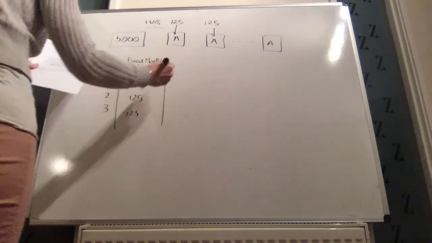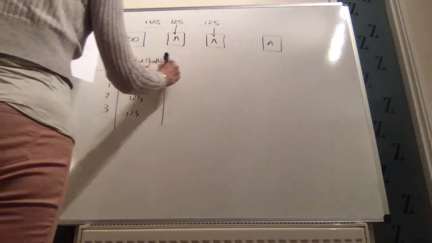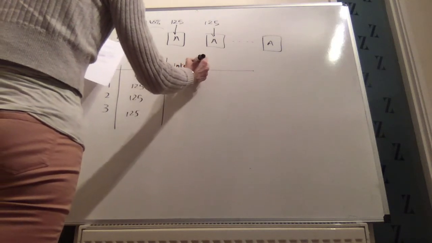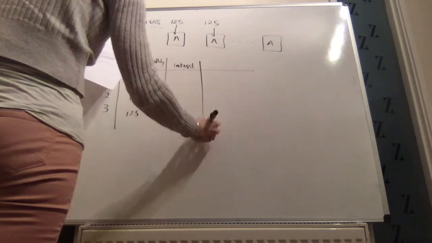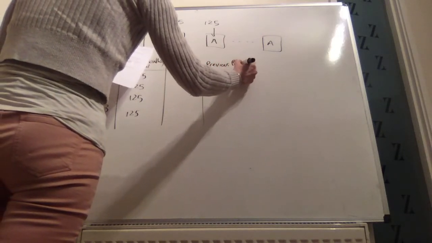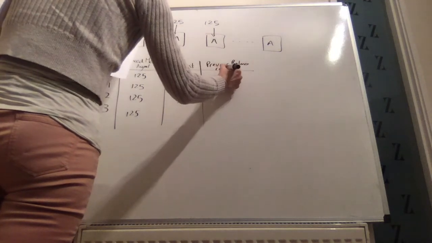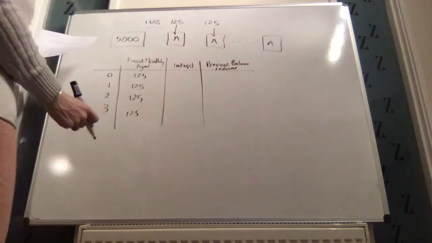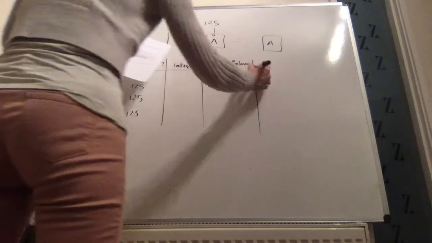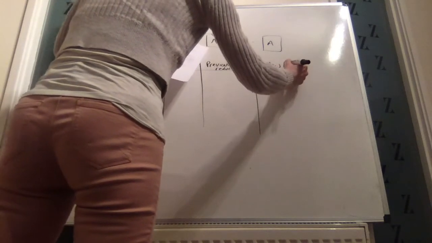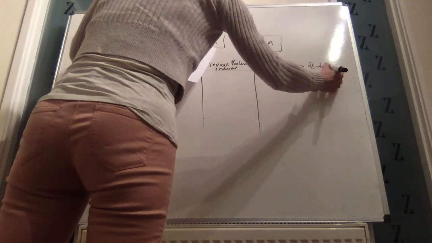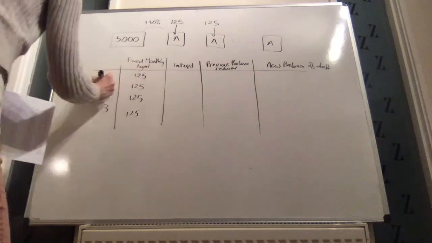Now, we want the interest and previous balance reduced by. So how much the previous balance is reduced by, okay? And new balance of debt in euros.